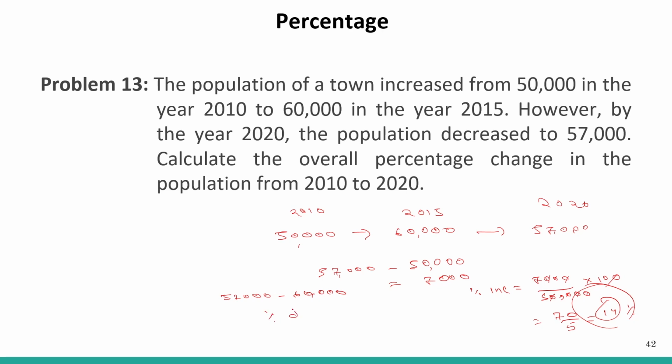So percentage decrease is equal to the amount of decrease, that is 3,000, by the initial amount, that is 60,000, into 100. So 3 by 57 into 100, or 300 by 57%.